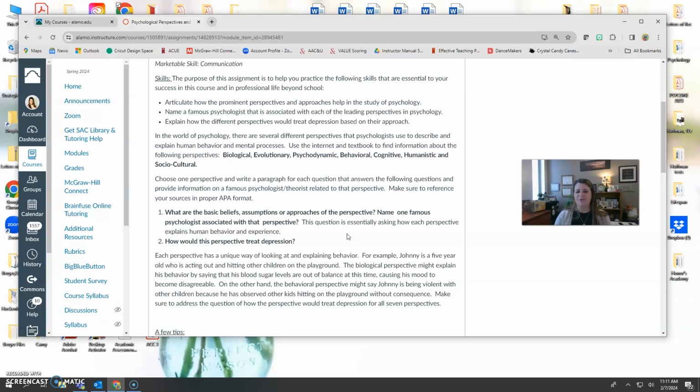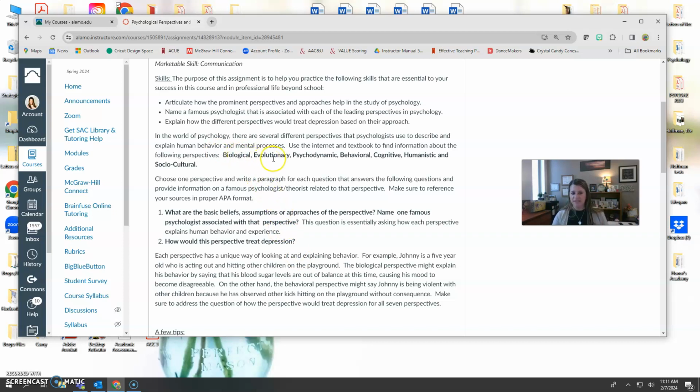What did they bring to that perspective? So that's paragraph number 1: an overview of whichever one you chose, a famous psychologist associated with that perspective and more or less what their major contribution was.